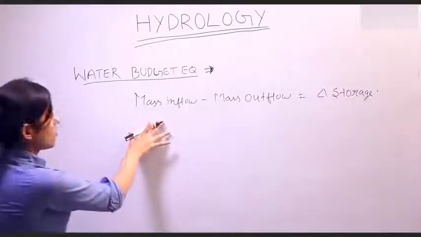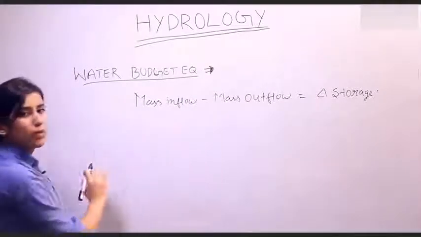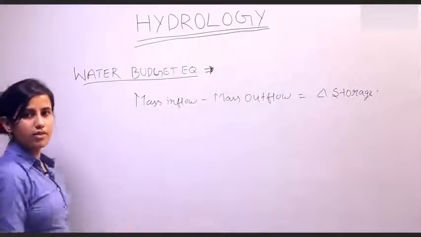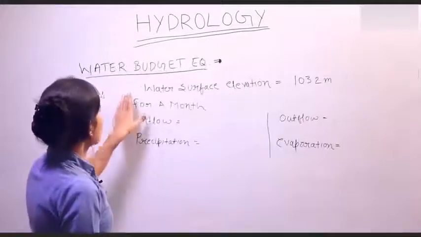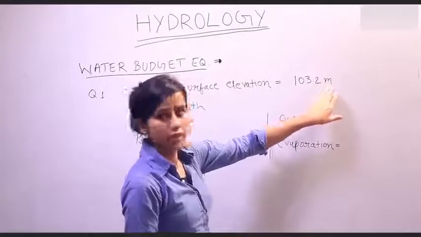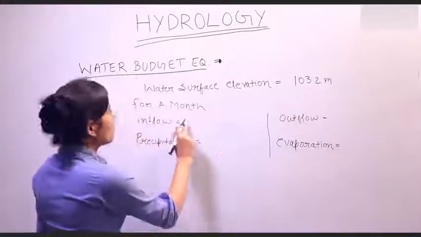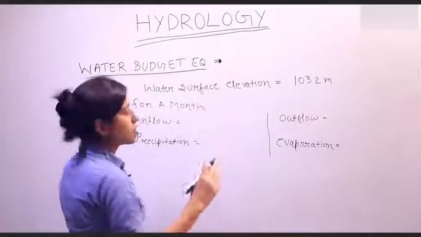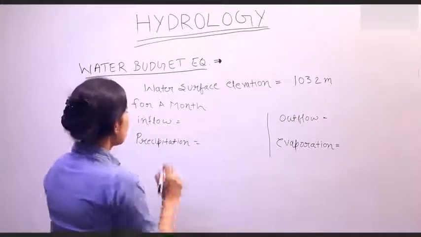This is our water budget equation. Let's have a numerical on this equation. Let's say at the start, water surface elevation in a lake is 103.2 meter. After a month, what would be the water surface elevation in the lake?